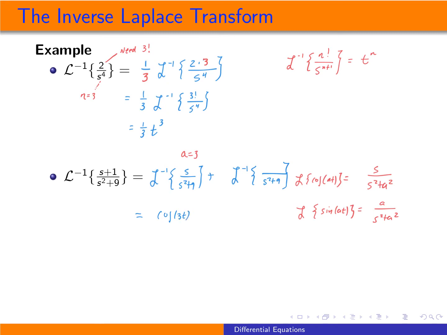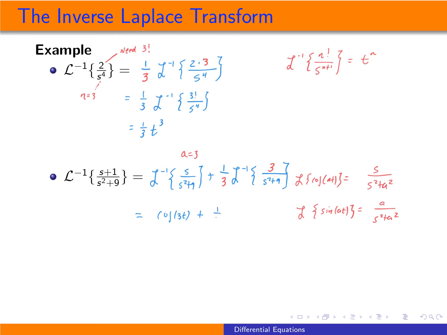Similarly, having a constant, there's a 1 I haven't written down here, over s squared plus 9 looks an awful lot like this sine formula, where once again a is equal to 3. But in order to match it up precisely with that formula, we don't want a 1 in the numerator, we need a 3. And if we put a 3 in the top, we also need to balance that out with a 3 in the bottom.